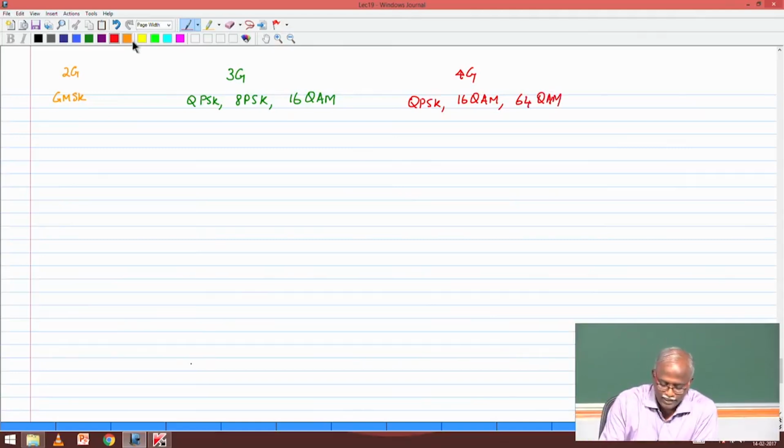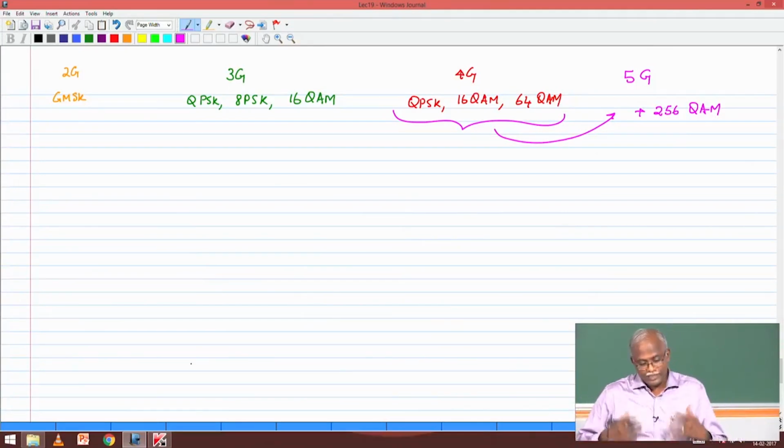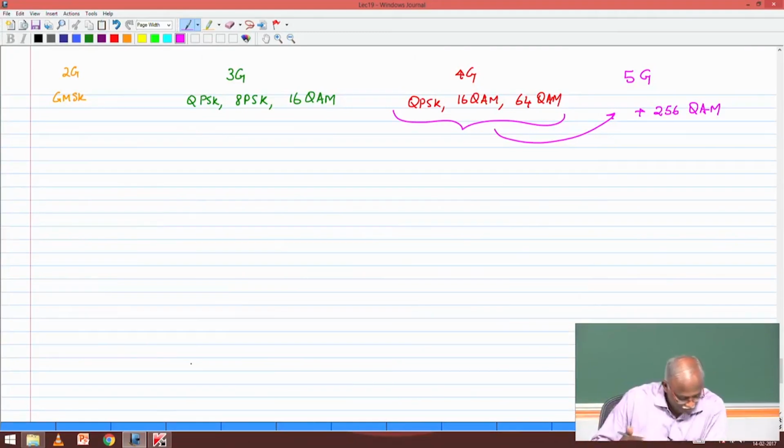And 5G has all of this plus possibly 256QAM. So we are seeing that we are able to get the maximum out of the channel, but again the complexity of the receivers is growing very fast, and we have to be aware of that.